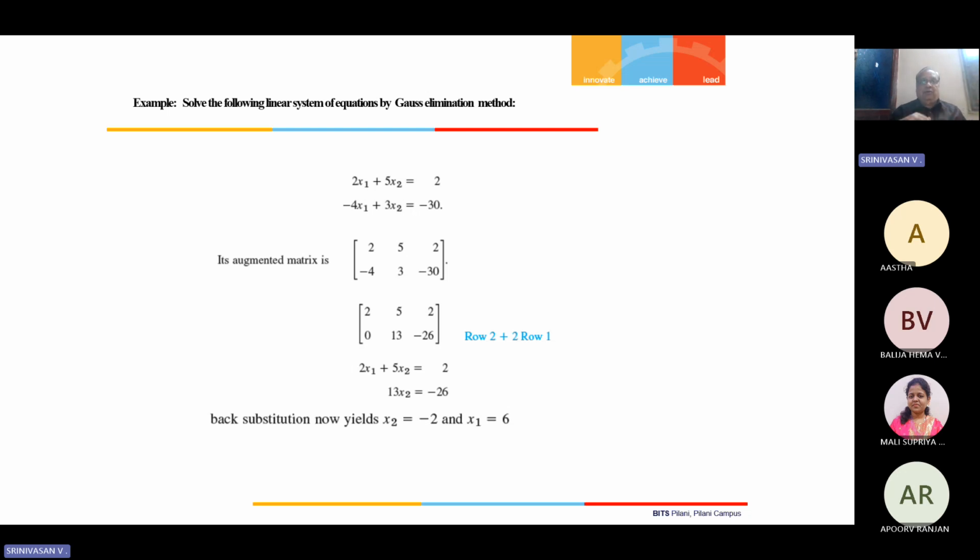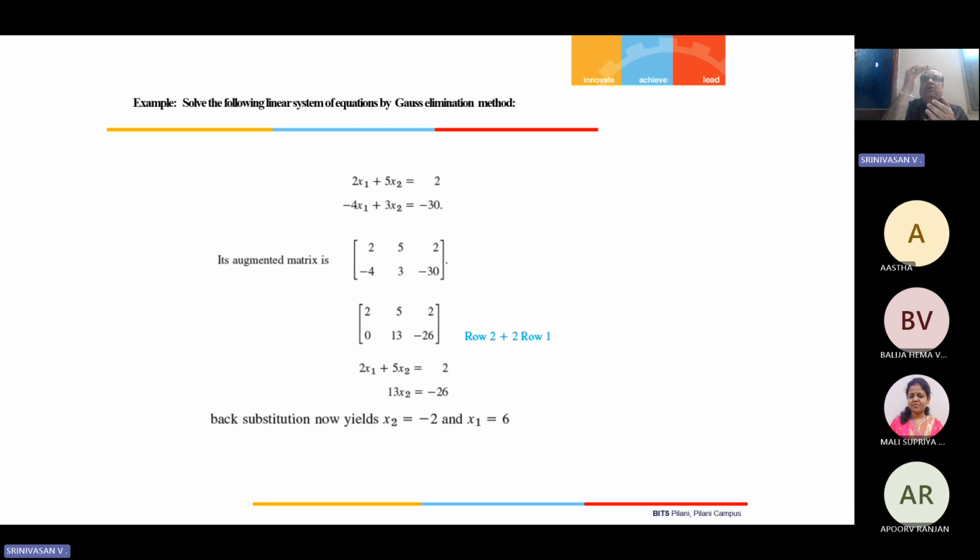So -4 you have, and you concentrate on only one element which is to be made 0, that is -4, against the corresponding element in the first row, that is 2. So how do you get 0? Keep R2 as it is. Go to R1. R1 stands for the first row, R2 stands for the second row, isn't it?